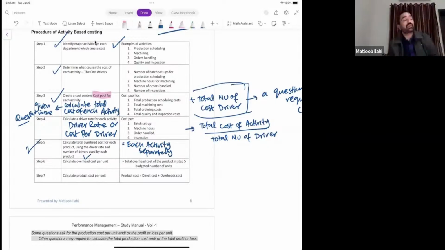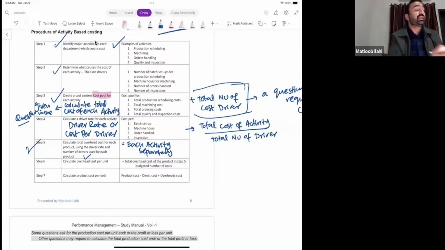Okay, and step number 6, calculate overhead cost per unit. This is the total overheads of the product divided by budgeted units. And step number 7, you can calculate product cost per unit.